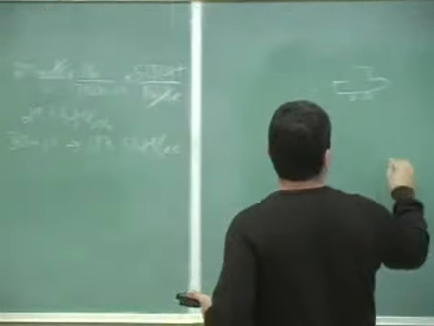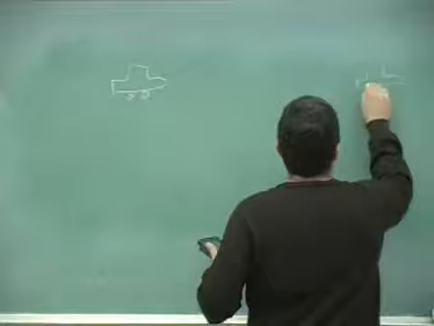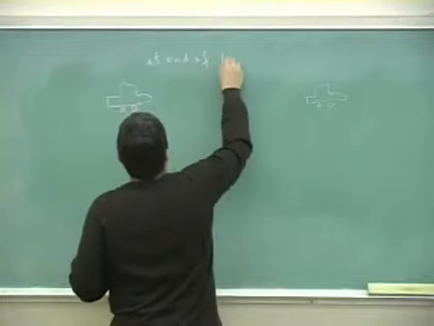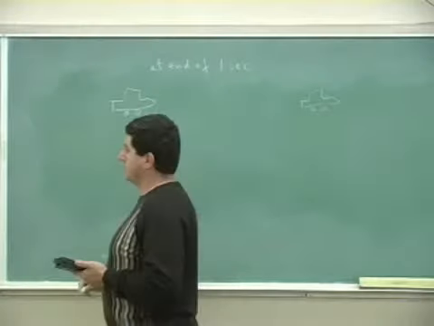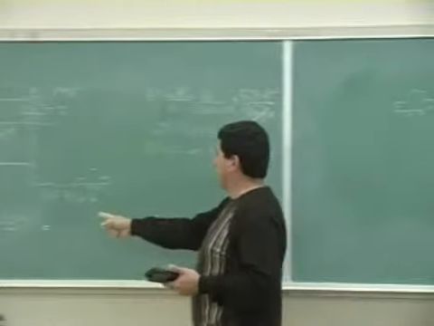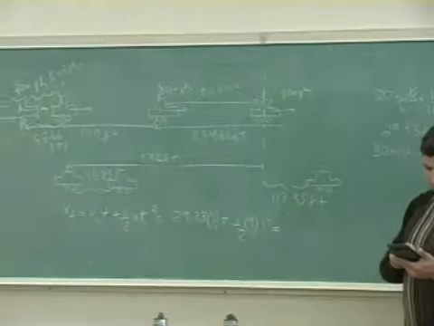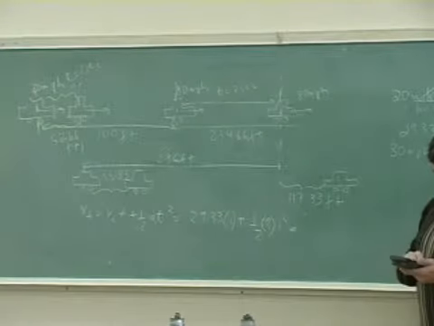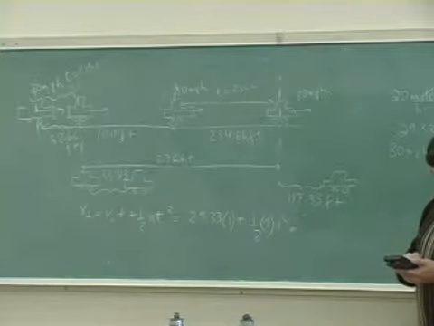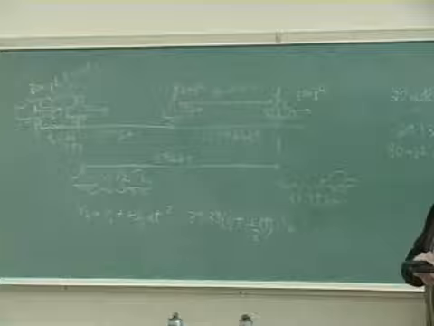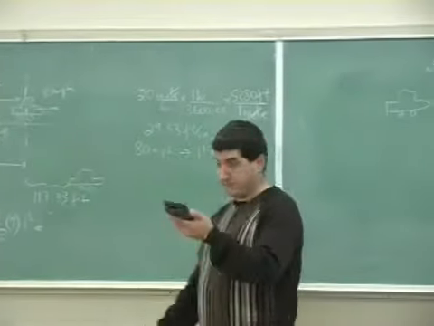I'm going to subtract now: 117.33 plus 276 minus 33.83. That gives 359.5.